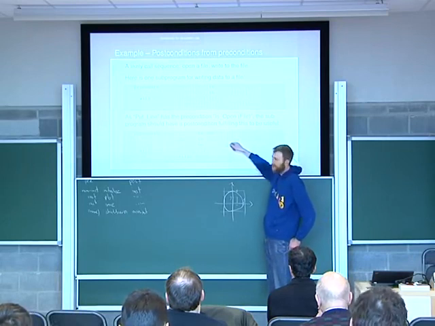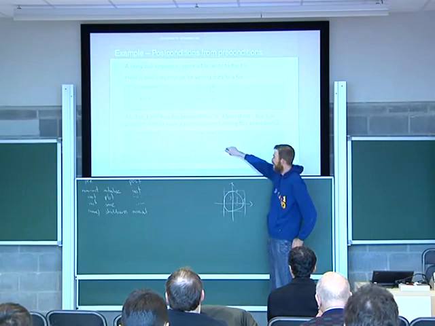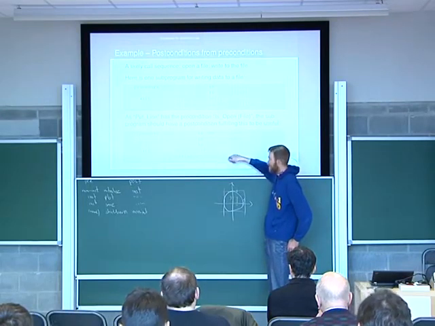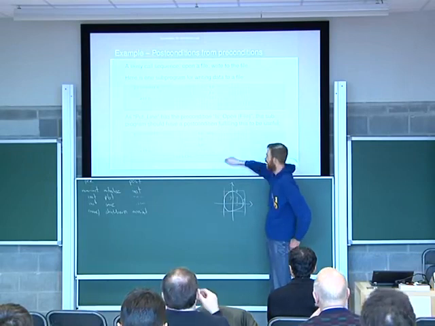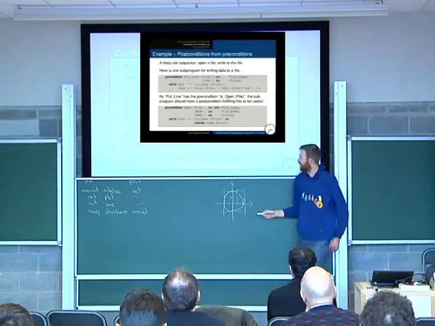Actually, the way it works is, well, it might be open, or it might raise an exception. There's more than name error that we can get out of open, but I didn't have enough lines here.